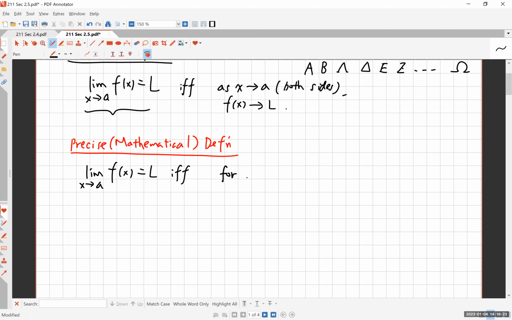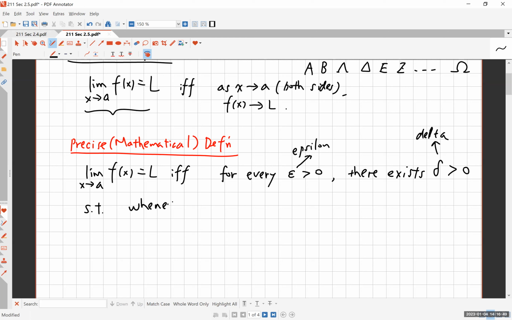Ready for this? Ready or not? For every epsilon greater than 0, there exists a delta greater than 0, this is the lowercase delta, such that, ST means such that, whenever the absolute value of x minus a, which is the distance between x and a, is less than delta, but it has to be greater than 0.